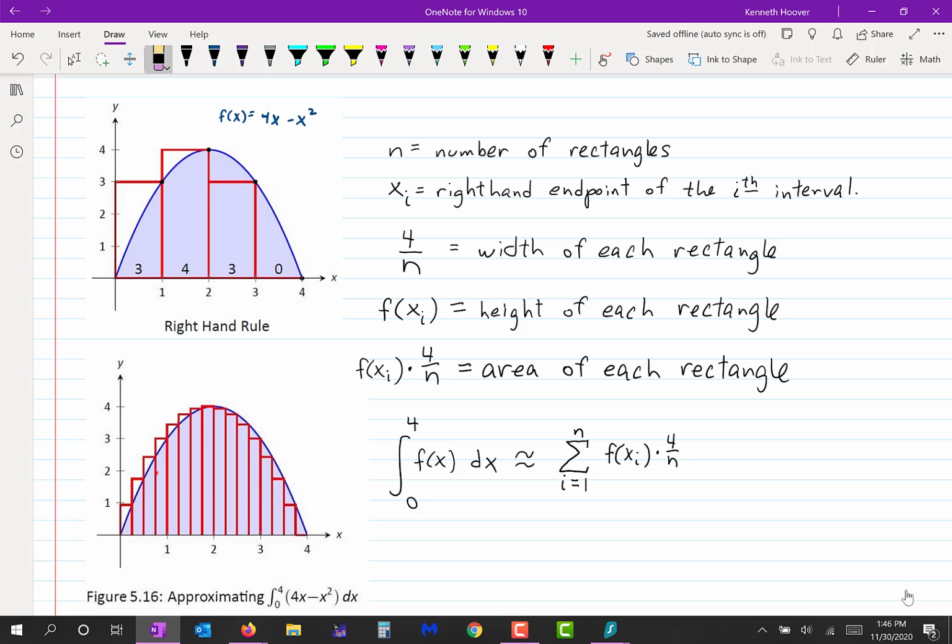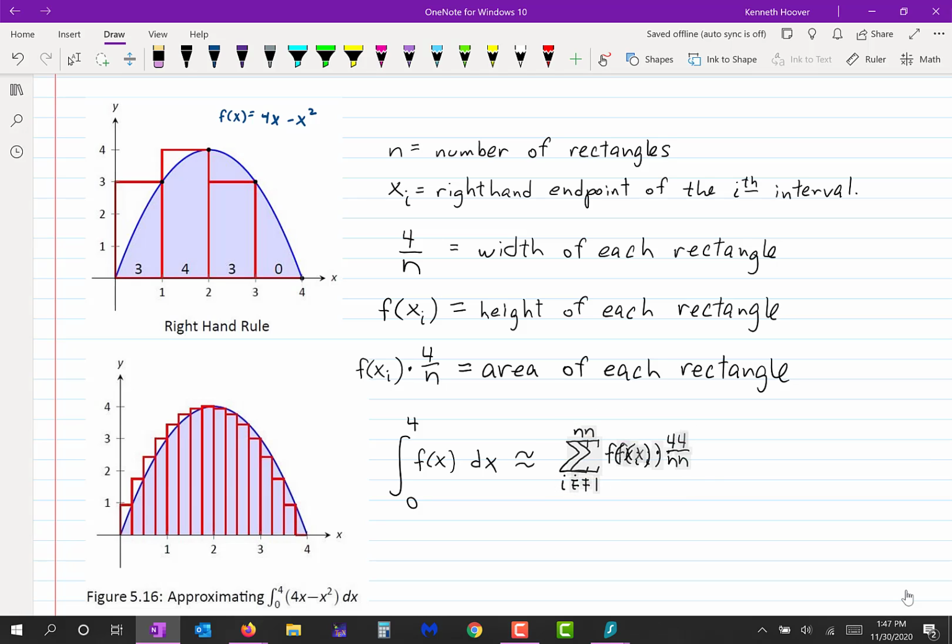Is it possible to make that answer perfect instead of just an estimate? Well, maybe not in reality, but in theory it is possible. I would just say use infinitely many rectangles, and then they will be so narrow that they will fit the parabola perfectly. Well, can you really use infinitely many rectangles? Again, not in reality, but in theory you can. We would just do this.